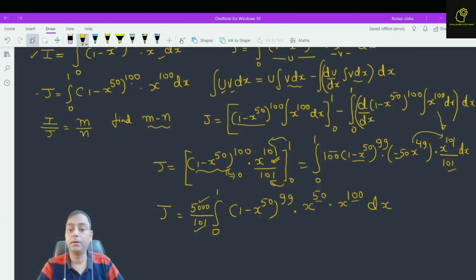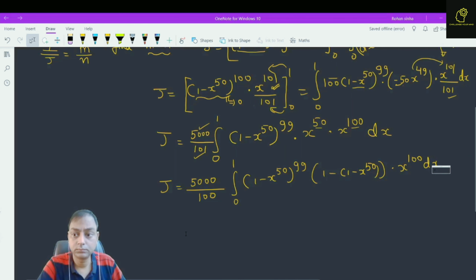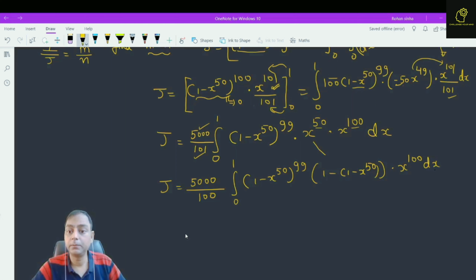Now we can also write this x^50 as 1 minus (1 minus x^50), because the 1 and 1 will get cancelled out and the minus minus will become plus.